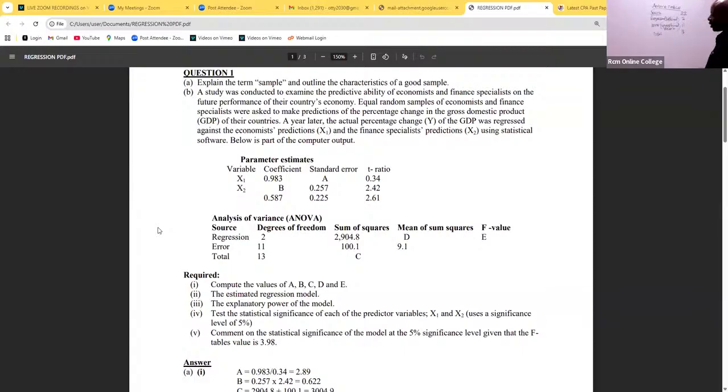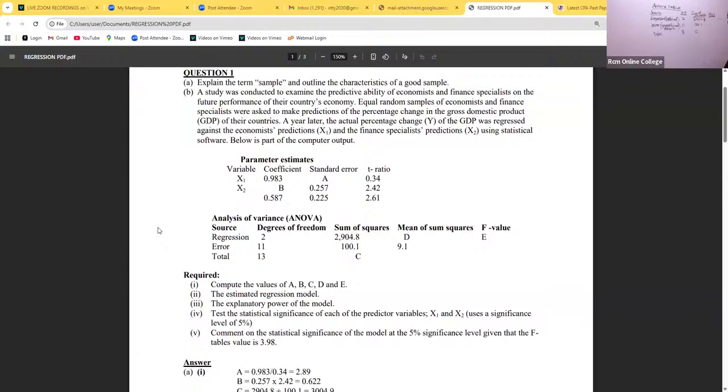And then we have what they're calling sum of squares. So what do we have here? 2904.8, and 100.1, C. And then we have what we are calling mean sum of squares, MSS.